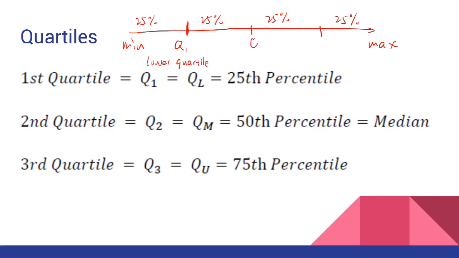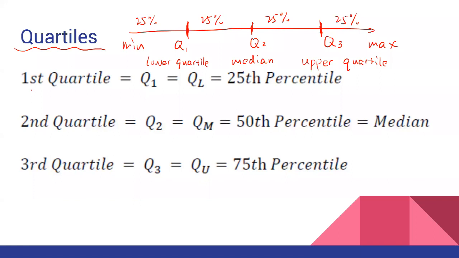And the one in the middle is called Q2. And this is also the median. The third one is called Q3, which is third quartile, also known as the upper quartile. These 3 numbers divide all the data into 4 parts, and each part consists of 25% of all the data.